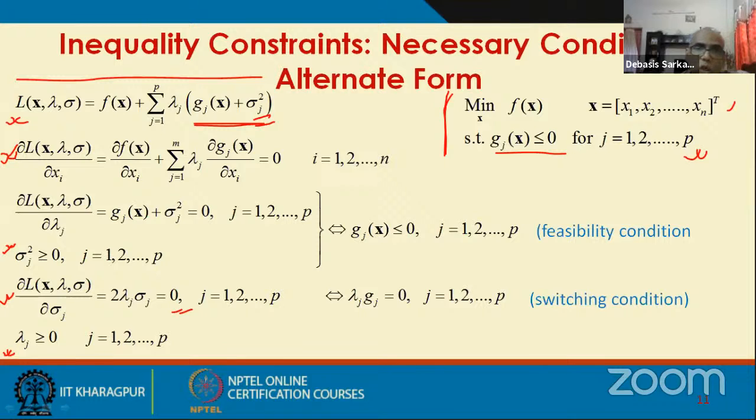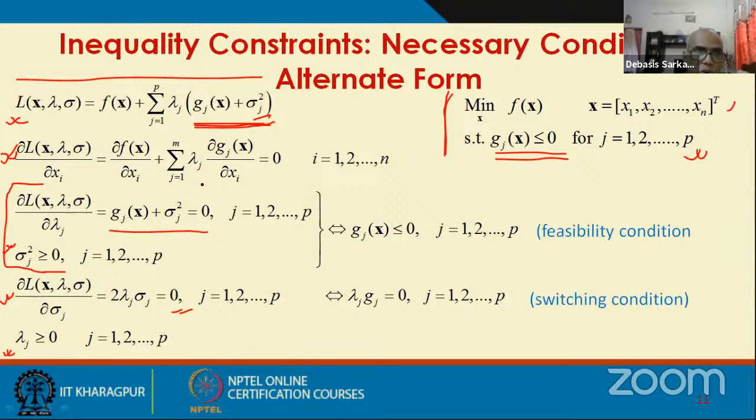Now, look at these two conditions. These two conditions require g plus this slack variable equal to 0 and non-negative slack variable. So basically this ensures that g less or equal to 0 is satisfied.